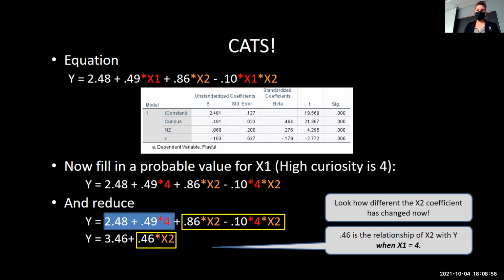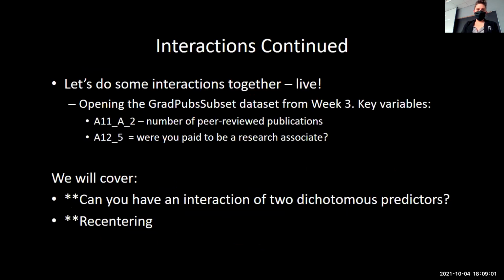Okay. So the next thing that I want to do is some live analyses for the next little bit of class. What I've pulled up is the GradPubs data set, which I gave you in week 3 as an example possible for your homework assignment to use.